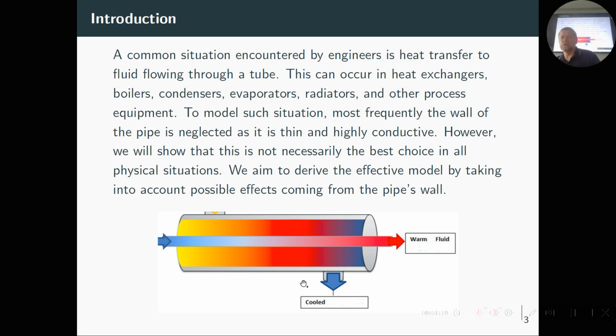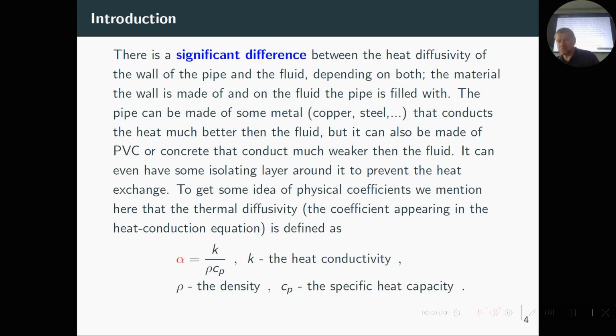Now, typically what you would do is you would just neglect the pipe wall because it is tiny and the process inside is very fast. And you just impose some kind of boundary condition between the fluid and the exterior medium by neglecting just the wall of the pipe.